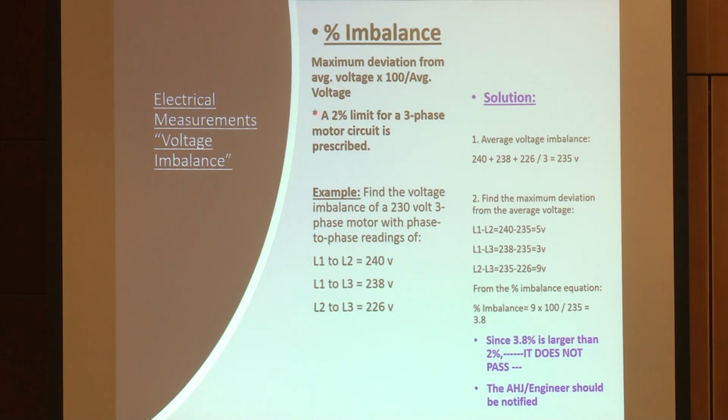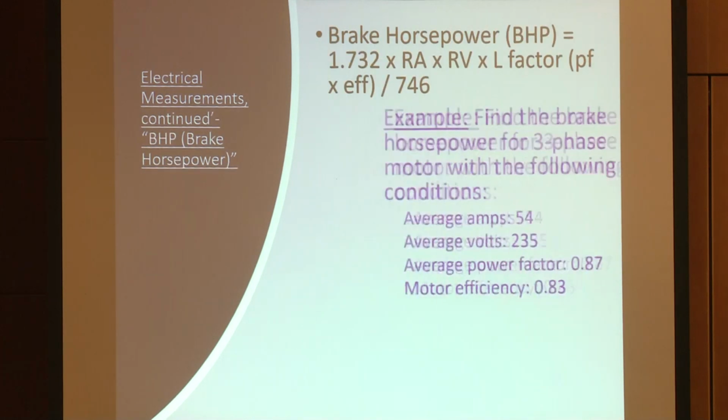Our limit is 2%, so what happens is, since 3.8 is bigger than 2%, you're going to have to go back to the engineer of record and say, hey, I got a balance problem, we need to figure it out. Which typically means somebody's got to buy some serious balancing electrical devices to make that happen. But that's one of the electrical things.